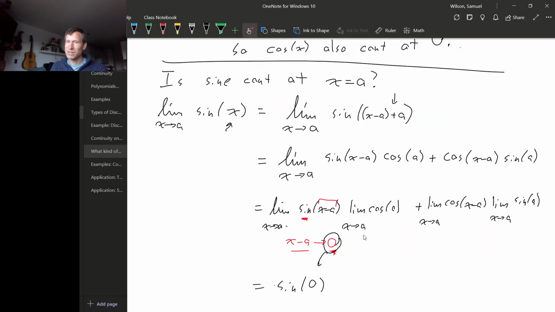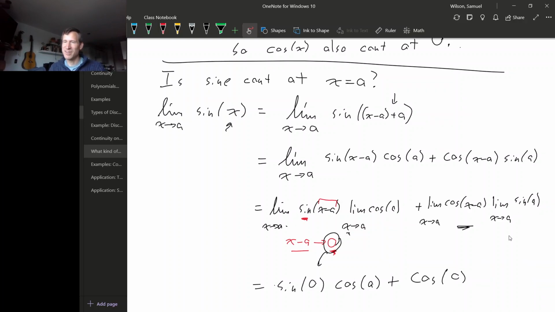All right, now the limit of cosine of a. Well, a is a constant, and x is the variable. So cosine of a is actually a constant because it doesn't have x in it, and the limit of a constant is just the same thing, so cosine of a. Plus, now this cosine limit here, by exactly the same argument as for sine, the limit of cosine of x minus a is just cosine of 0.